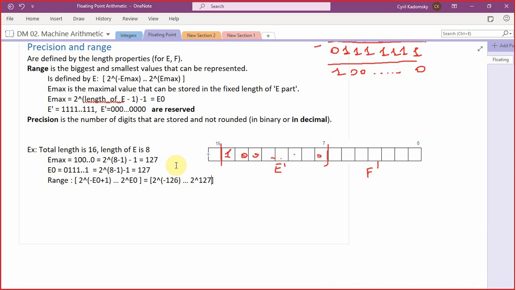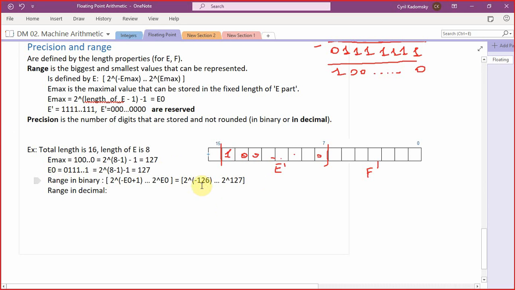Actually, it's quite a big number. We can convert to decimal if we like. This is the range in binary, and we can have the range in decimal. This would be the final answer. Range in decimal.